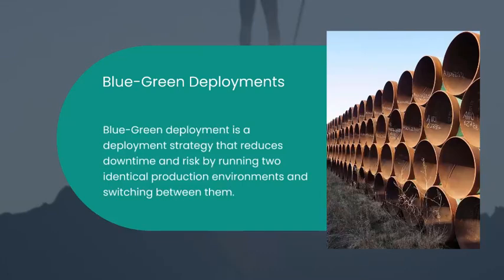Then we have two different production environments. One is fresh, which we call green. The old one is blue. The good part is there is no downtime, and the risk is almost nil, because you are running two identical production environments. You just start switching the requests from the old one to the new one.